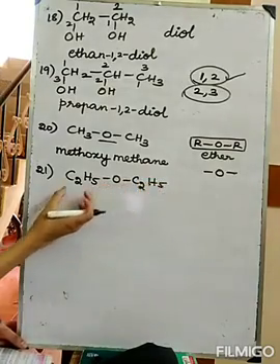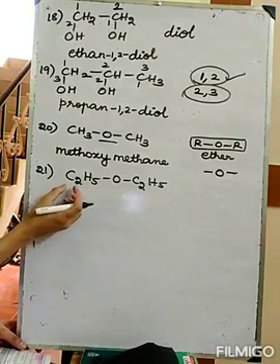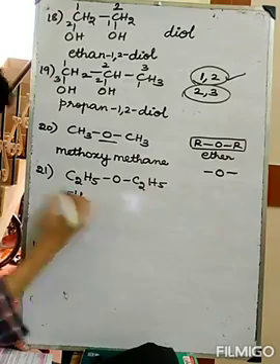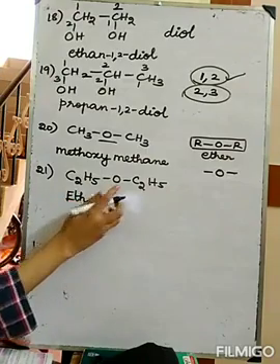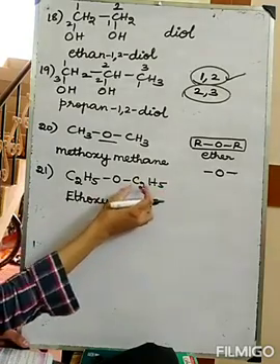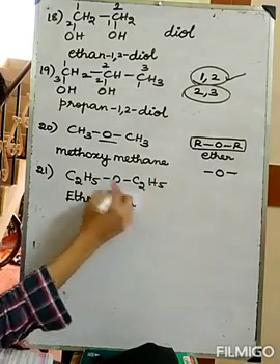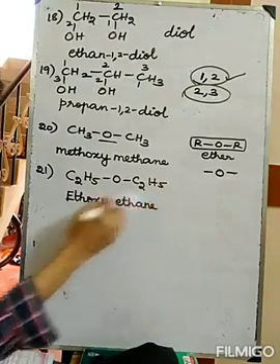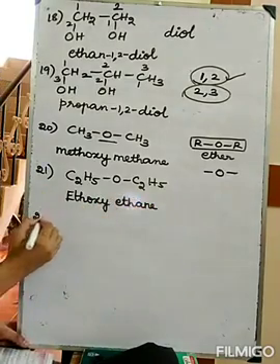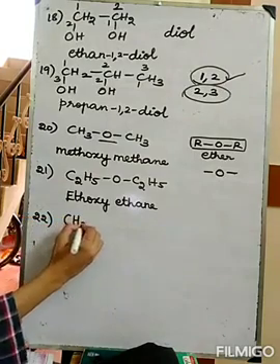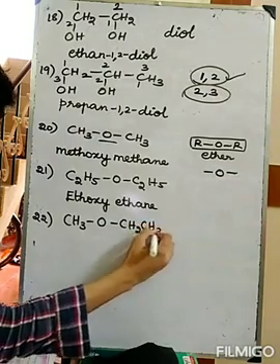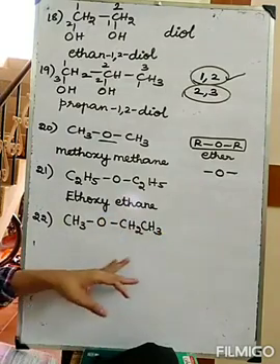Okay, methoxymethane. Can you tell me the name for this one? First, before the oxygen, how many carbons are there? 2 carbons are there. 2 carbons means eth. For ether, it is oxy. Ethoxy, and this side 2 carbons. So eth, single bond, so ane. So ethoxyethane. Suppose you get a question like this, CH3OCH2CH3.